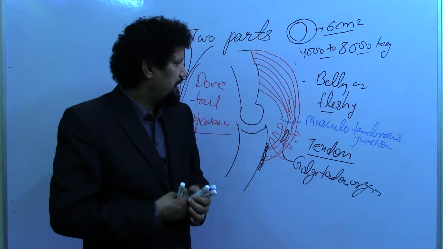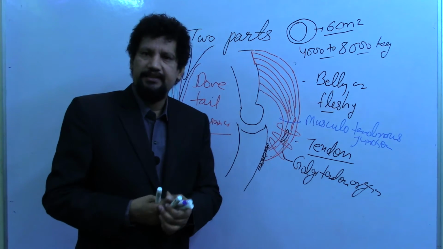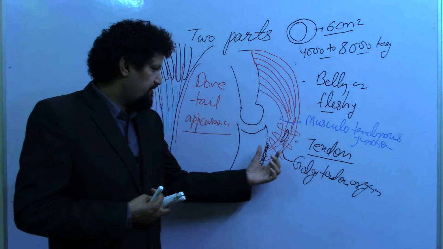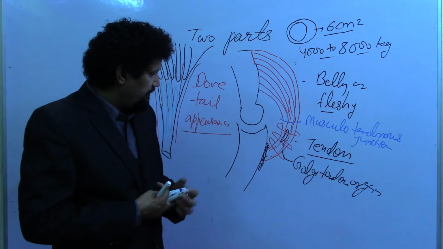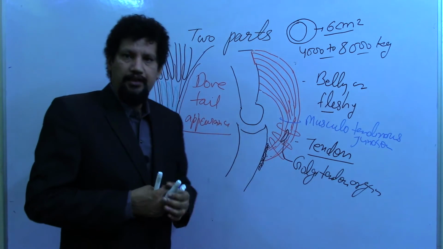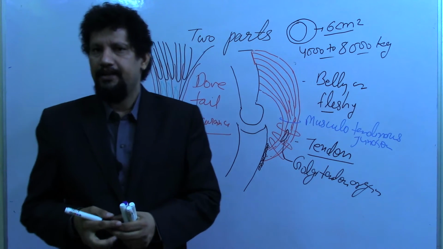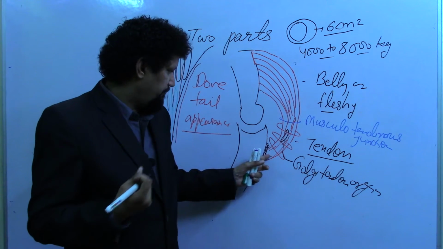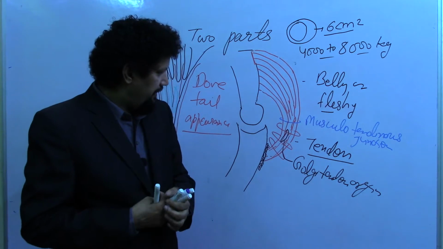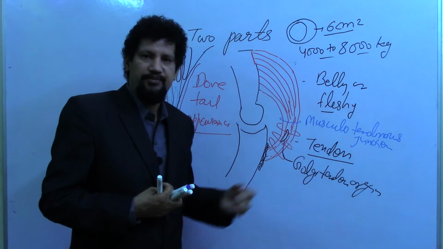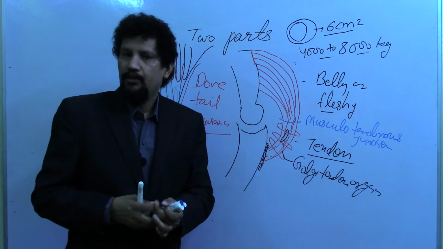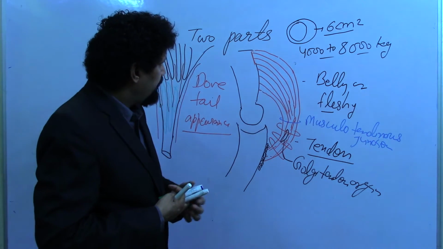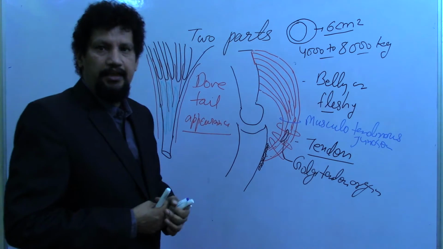It is innervated by the sensory axons, and the information of stretching or friction or pressure is carried to the dorsal horn of the spinal cord, and it is used to balance the contraction and the tension of the tendon, and it prevents the overstretching of the tendon and rupture of the tendon, which I will talk about in my next topic during the nerve supply of the skeletal muscle.